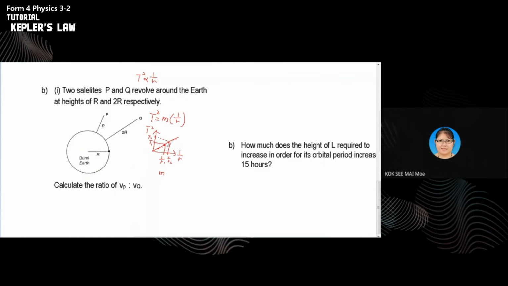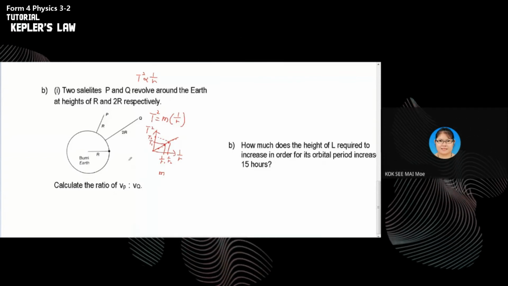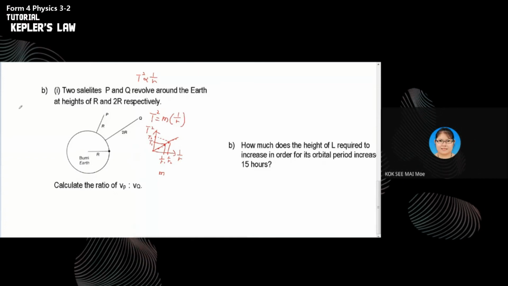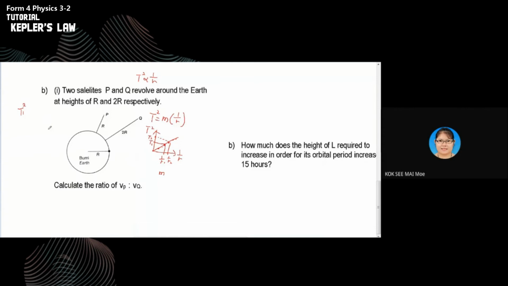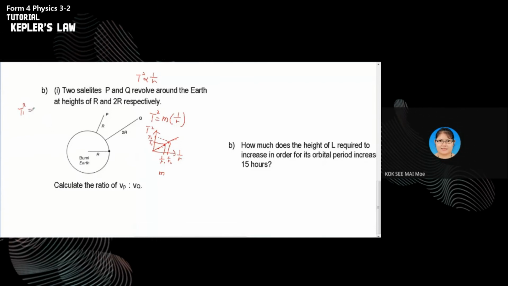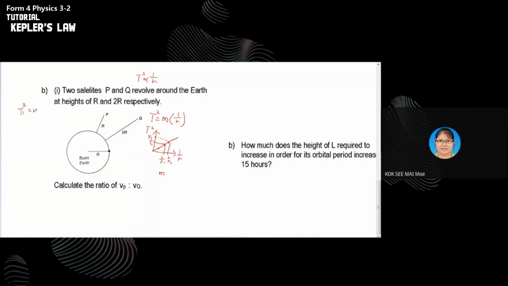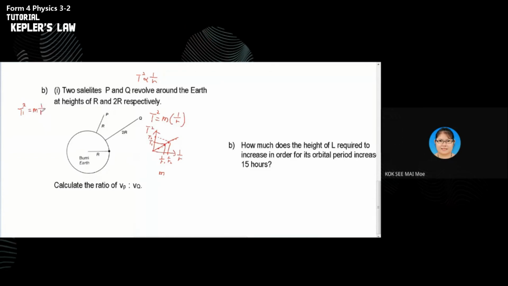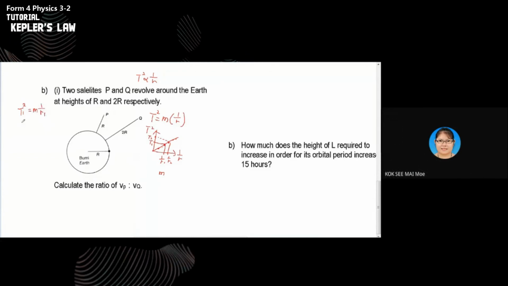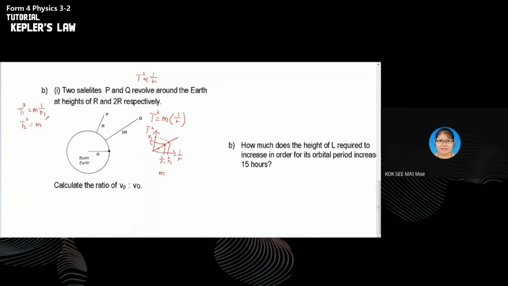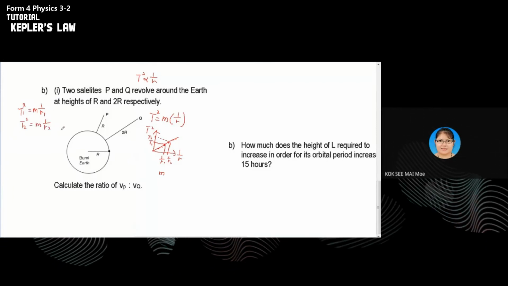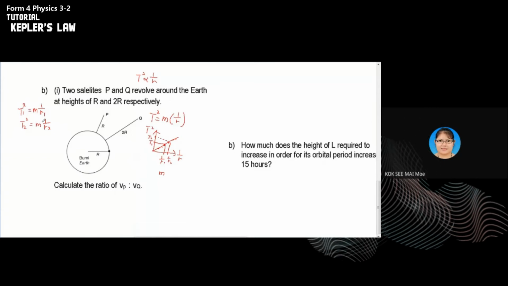So now I can write the equation: T1 square equals M over 1 over R1, then T2 square also equals M over 1 over R2. The M is the same thing.